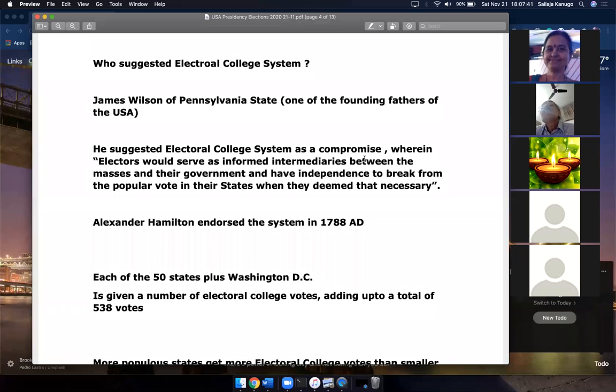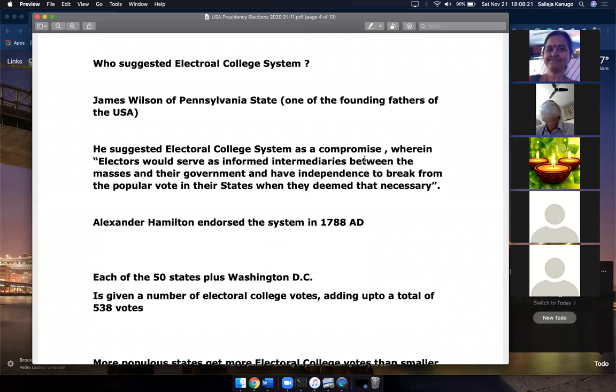James Wilson of Pennsylvania, one of the founding fathers of the USA, suggested the electoral college system as a compromise, wherein electors serve as informed intermediaries between the masses and their government, and have independence to break from the popular vote in their states when they deem it necessary. It was endorsed by Alexander Hamilton in the year 1788 AD. From 1788 AD, after the birth of Jesus Christ, this electoral college system is there in the USA.